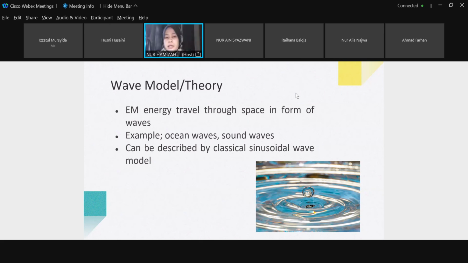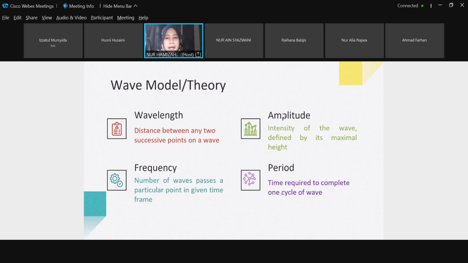You can imagine like an ocean wave or a sound wave, and they can be described by the classical sinusoidal wave model, the sine wave model, the one shaped like an S. They can be represented by several properties, which are wavelength, amplitude, frequency, and also period. So these are the general properties of the wave model or wave theory.